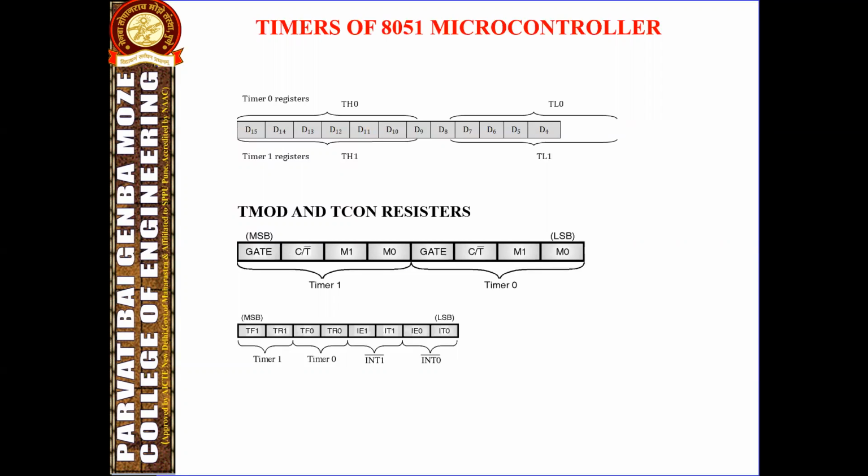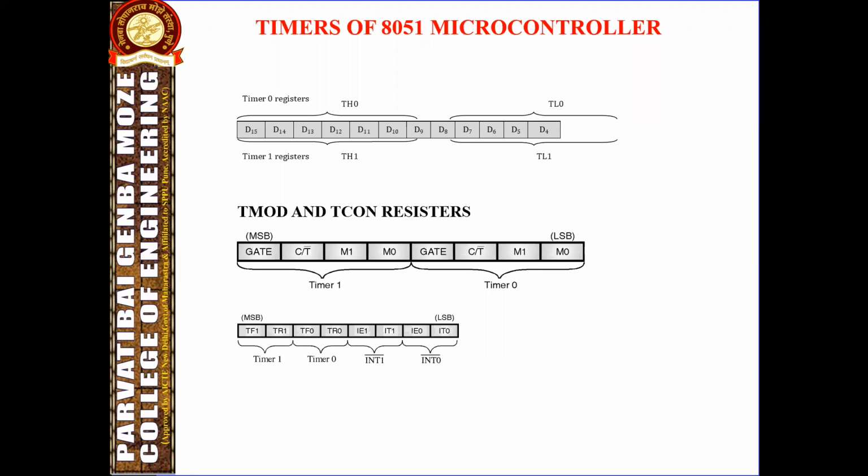When used as a counter, the microcontroller is programmed to count the external pulses. The register is incremented in response to a high to low transition of the corresponding external pin, T0 or T1.